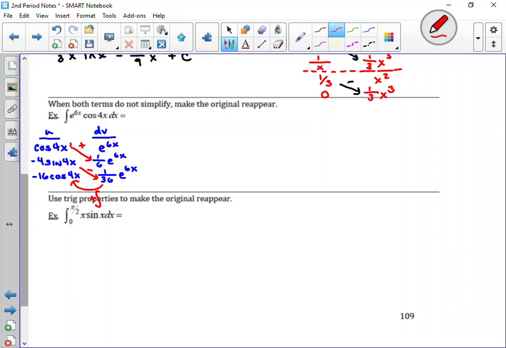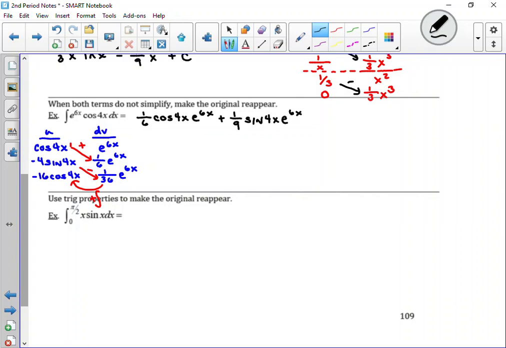All right, now follow me. This is equal to 1/6 cosine 4x e to the 6x. This becomes plus, because it's negative times a negative, 1/9, right? Sine 4x e to the 6x.